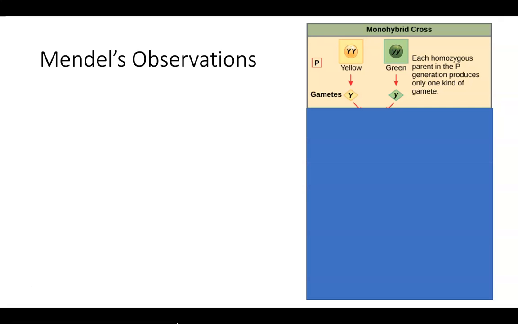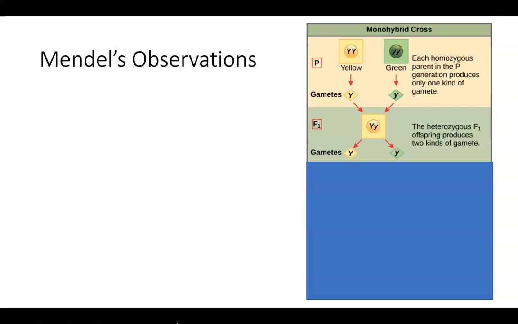And so those parental generations pass on their genes in the gametes to get us the F1 generation that is heterozygous. In this case, yellow is the dominant, so we do have the yellow and the green gene, but the yellow is the expressed gene.